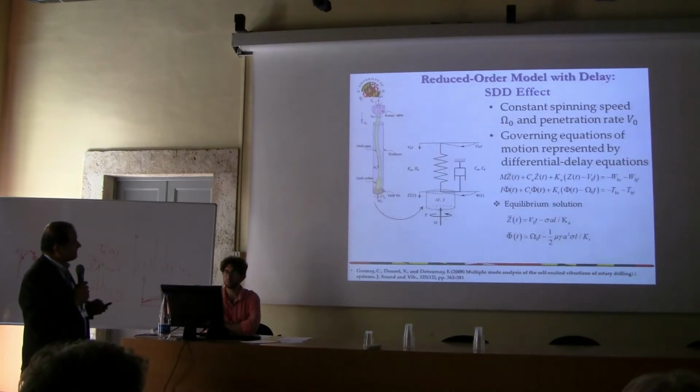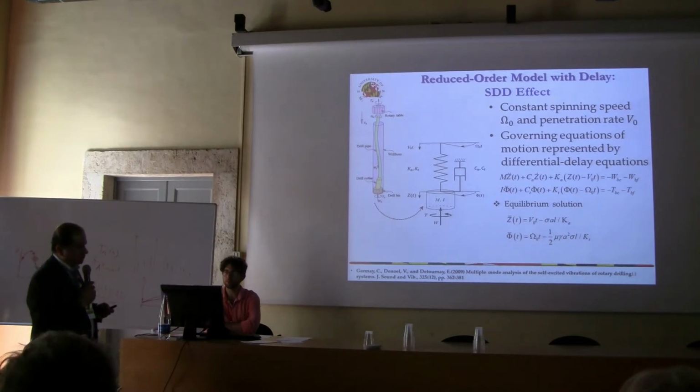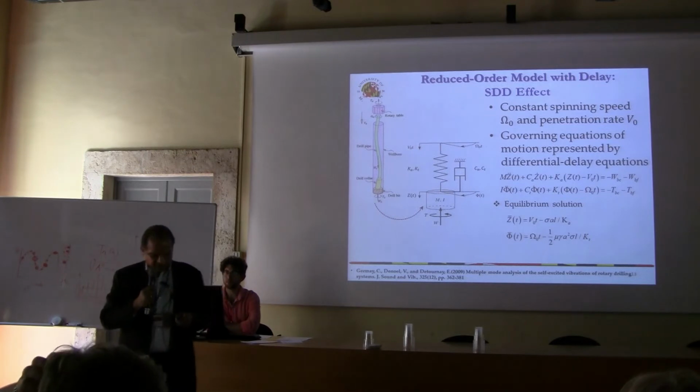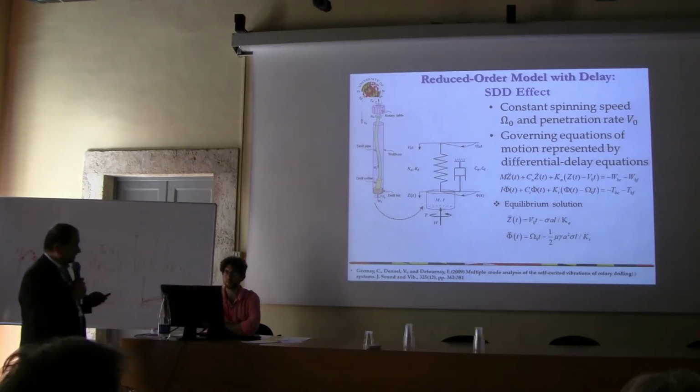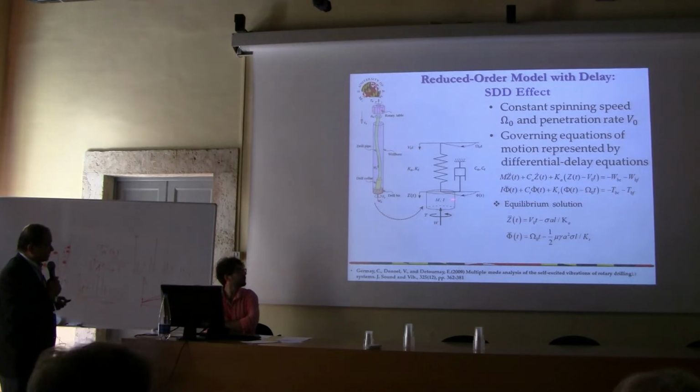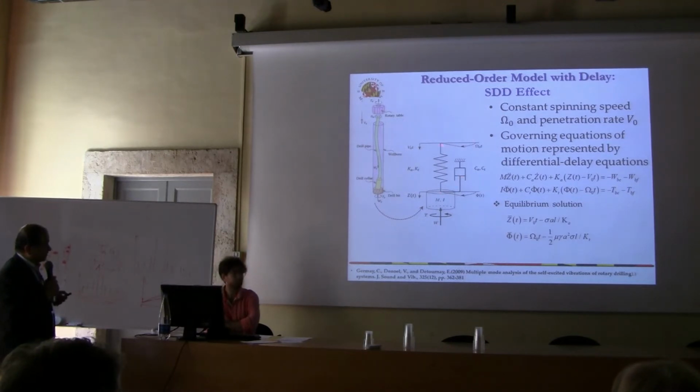Okay, so to take a closer look at the state-dependent delay, we're going to come back to a reduced order model. This model essentially includes this whole drill string system. It's a 2-degree of freedom system with a boundary condition through which you get the penetration speed and the rotation speed. And I have the delay terms captured in these 2 terms out here.